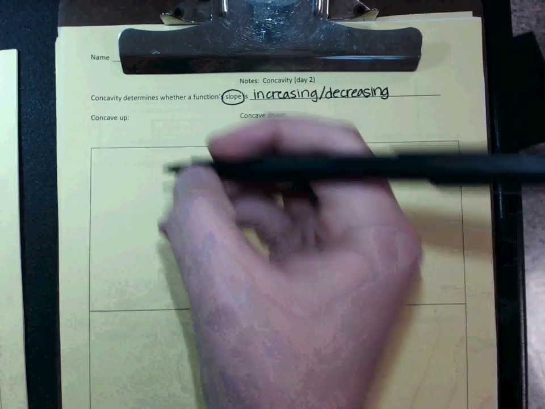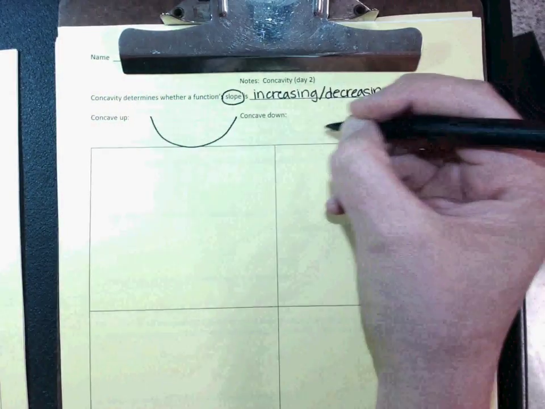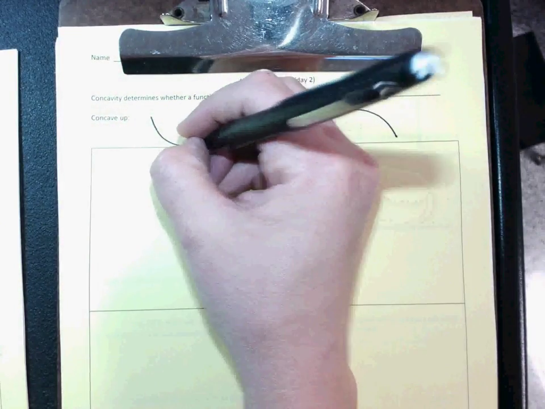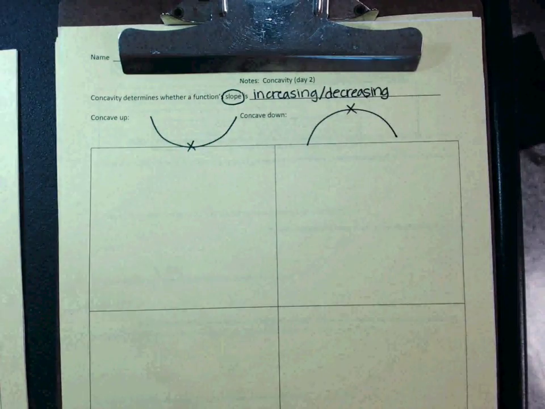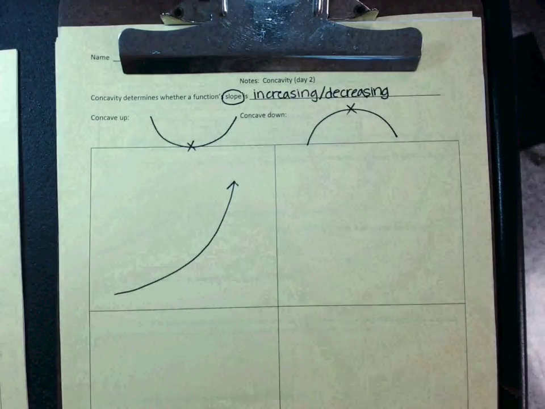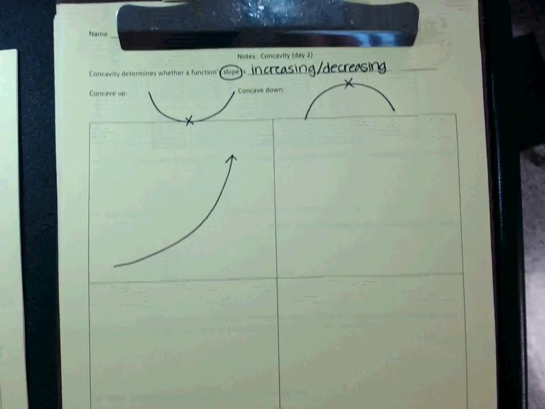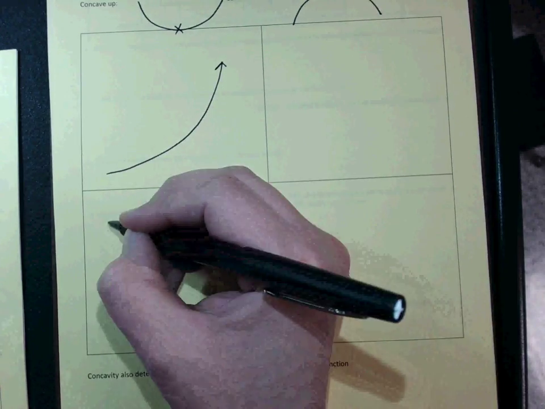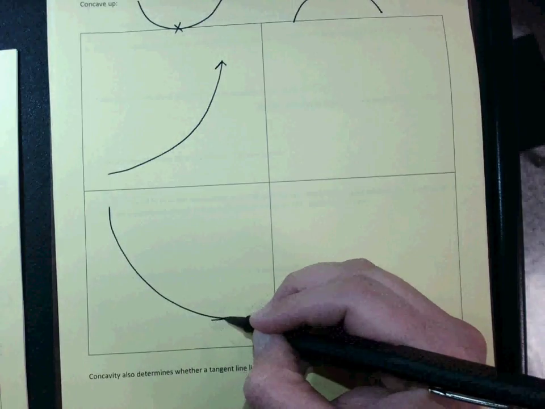Remember, you can have two types of graphs, concave up or concave down. What we're going to do is split both of those graphs in half and talk about them in chunks. Cut this one in half right here, and this one right here. So we're going to draw this side of the up graph, then, hold on, I have to think about this, the other side of the up graph.